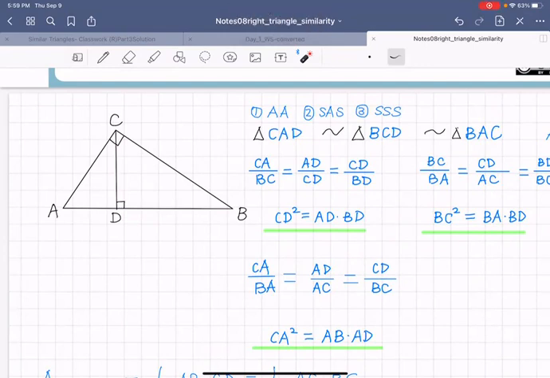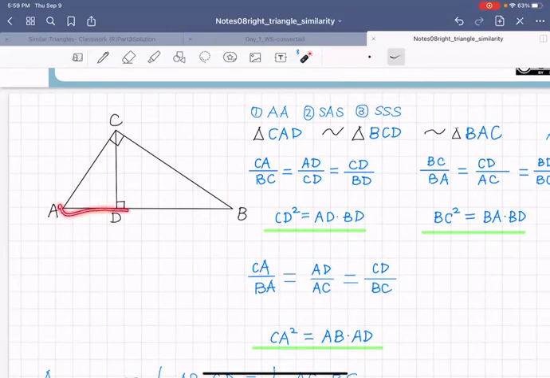Is it 1/2 times base times height? Who is the base? The base is AC. The height is? The height is BC. Okay, so that's one way of calculating.